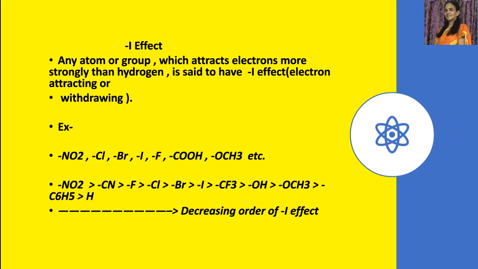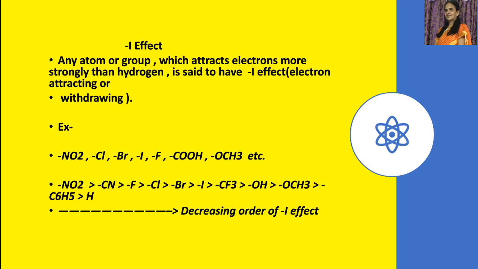What is the order of minus I effect of all these groups? In this order: NO2 group, which has stronger minus I effect when compared to cyanide, which is greater than fluoride, which is greater than chloride, which is greater than bromide, which is greater than iodide, which is greater than CF3 group, which is greater than OH group, which is greater than methoxy group, which is greater than I group, which is greater than hydrogen.